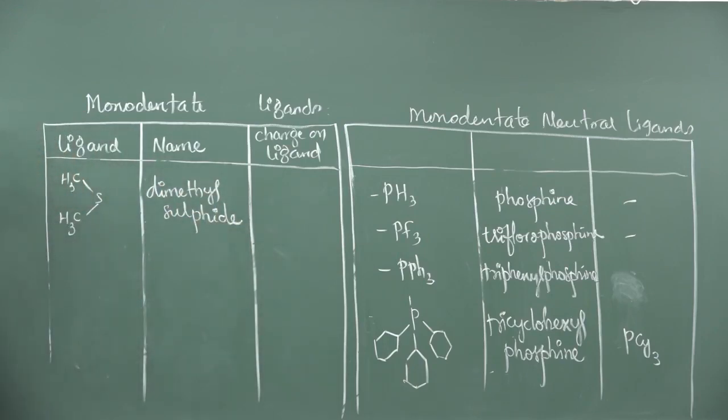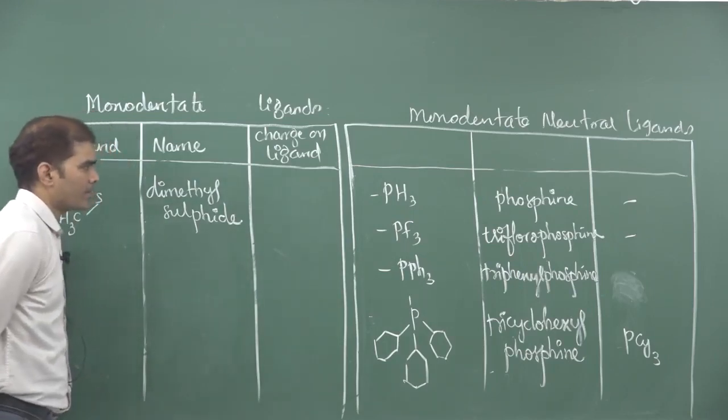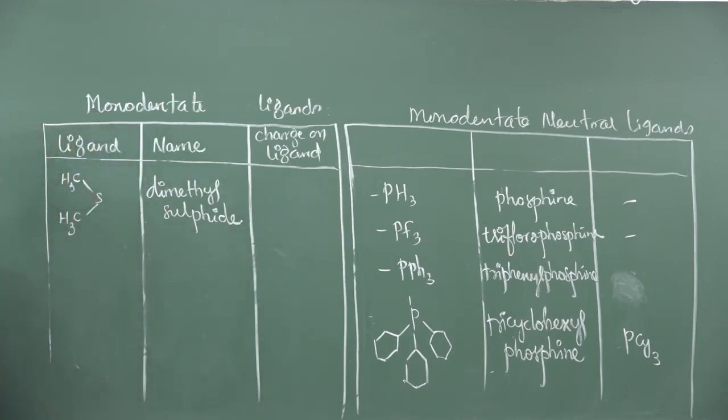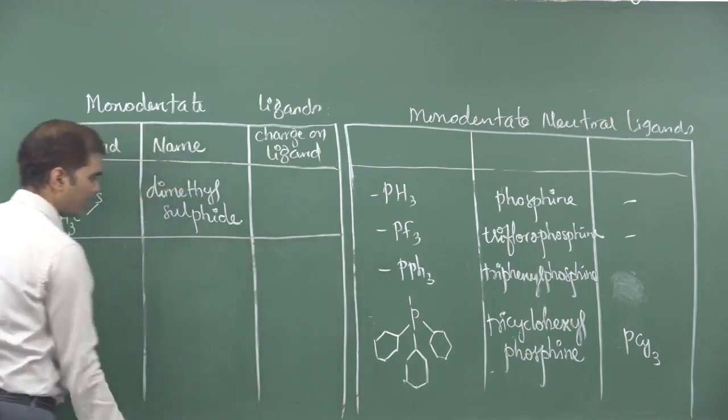Dimethyl sulfide. All these come under monodentate neutral ligands. Just 2 or 3 monodentate positive ligands.